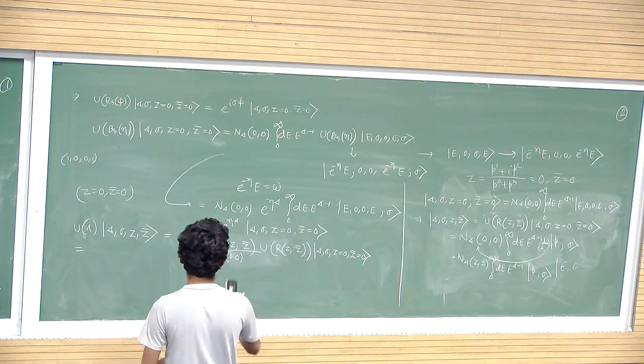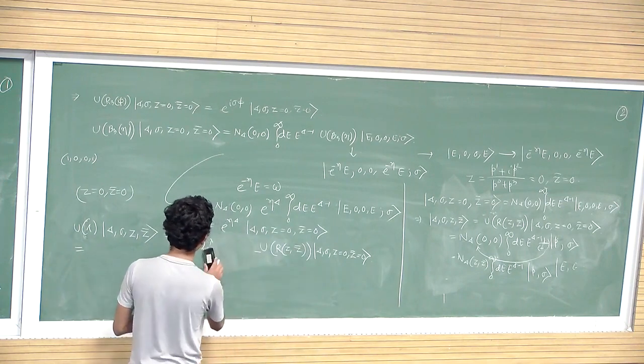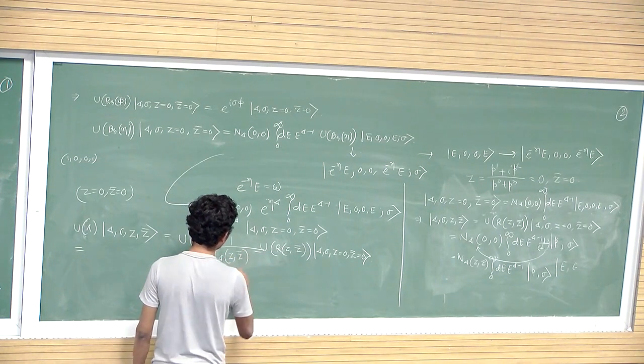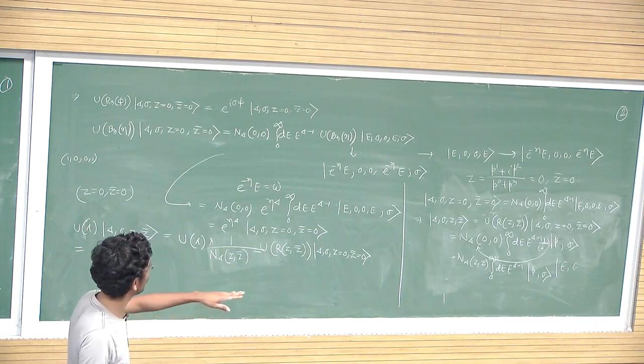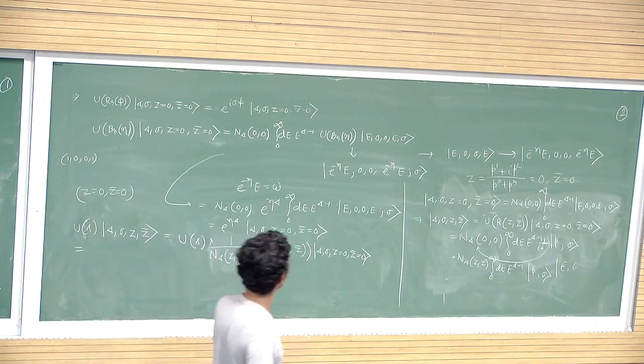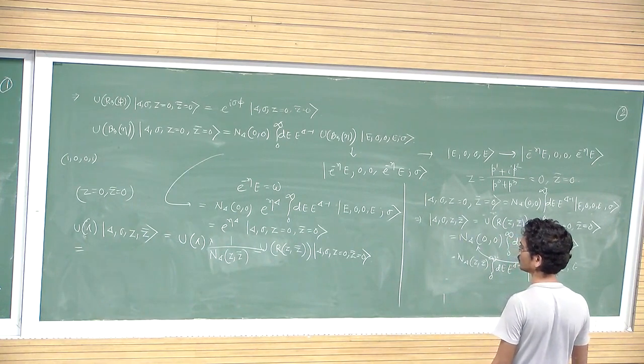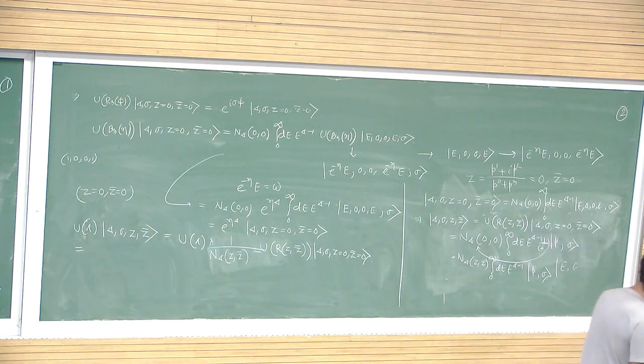Oh, I see. Sorry. I think it should be like 1 over n delta z z bar. Is that fine now? Now there is no n delta. I think.